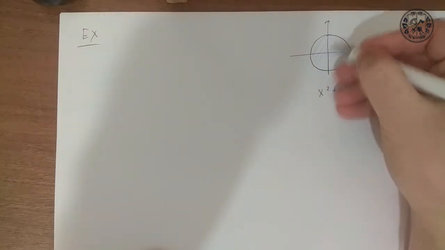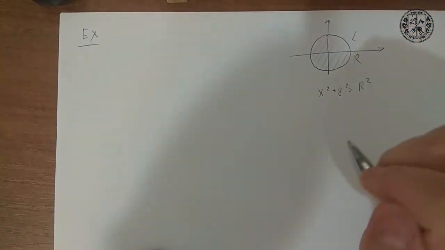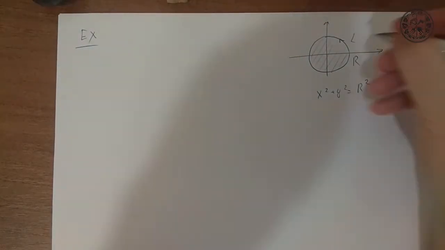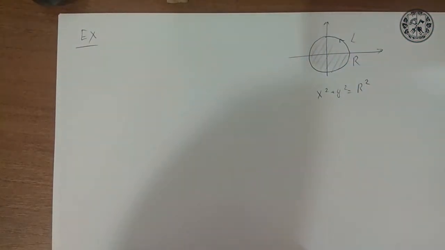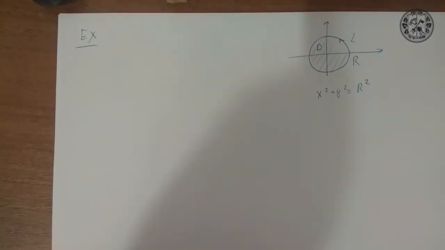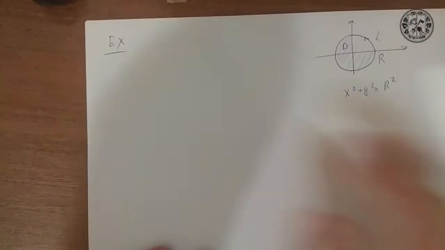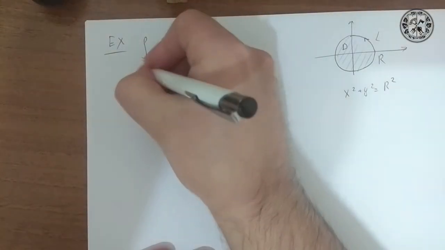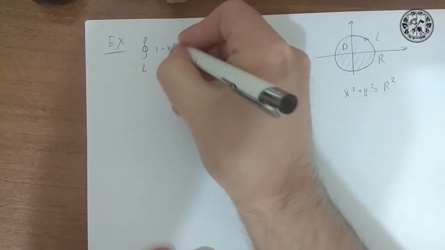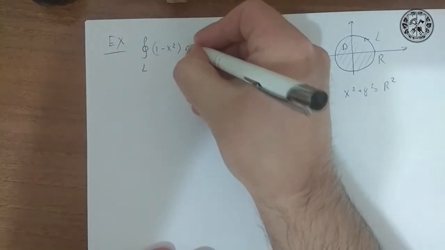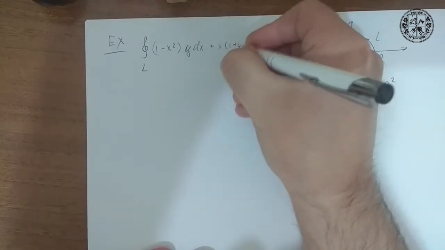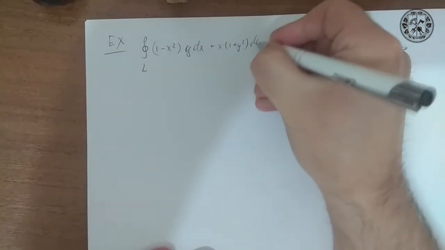And we have L as the counterclockwise line that surrounds this circle, and D is the region inside the circle. And we have to calculate the integral over L, a closed contour, of (1 minus x squared y) dx plus x(1 plus y squared) dy.